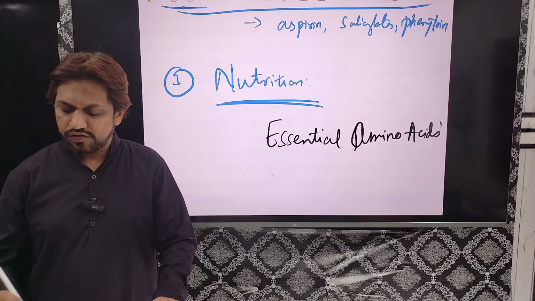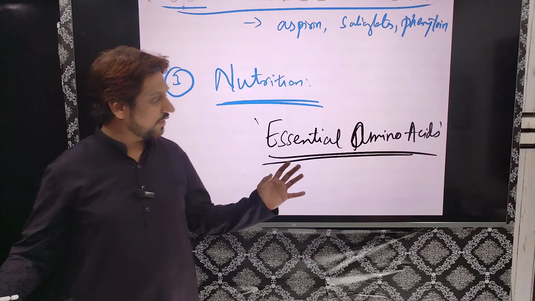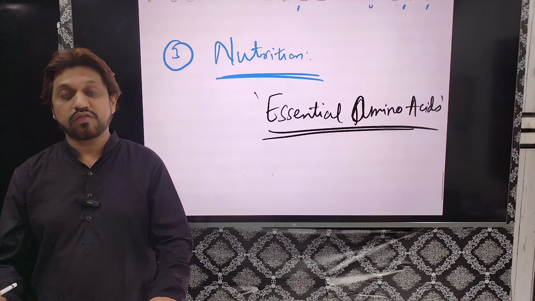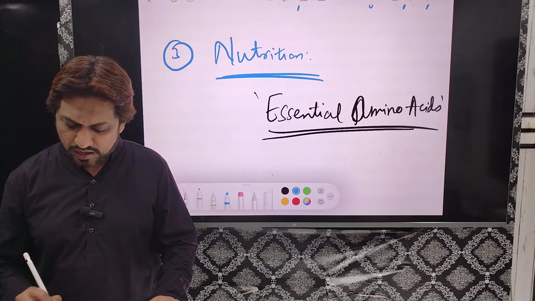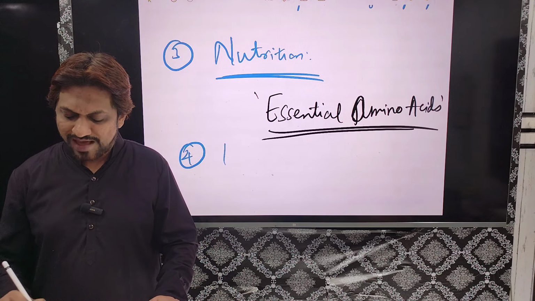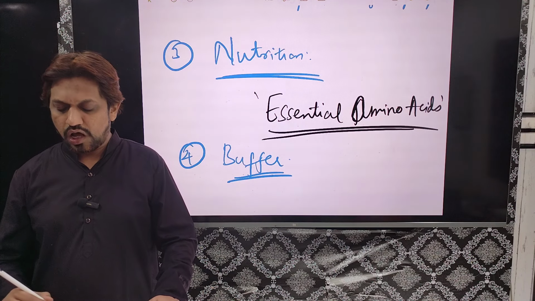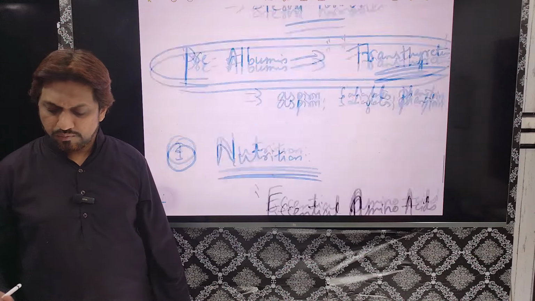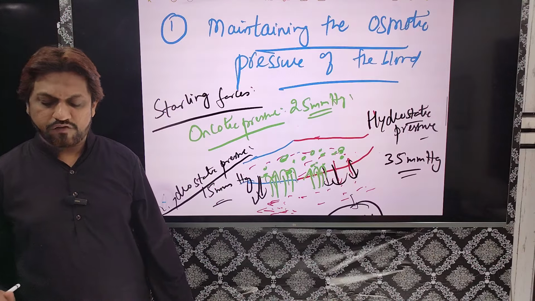Essential amino acids are necessary for protein building, so it will act as a source for providing essential amino acids and serve a nutritive function to different tissues. Albumin also acts as a buffer for acid base balance. However, the bicarbonate buffer is much stronger than this, but albumin has a role in maintaining acid base balance and acting as a buffer.